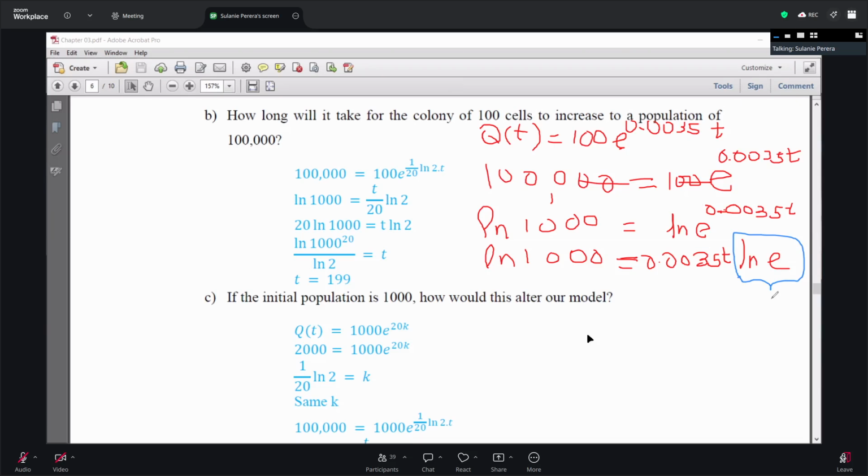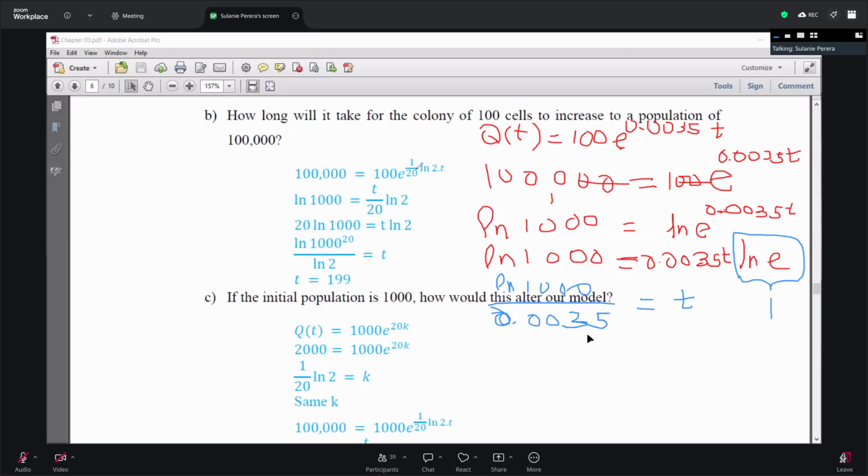So ln e is 1. So you can divide ln 1000 by k, 0.0035, equals t.